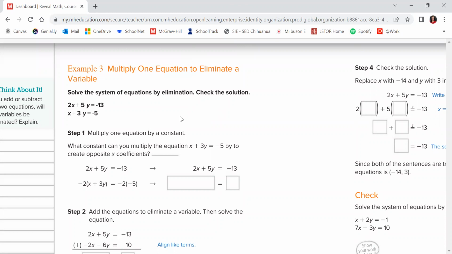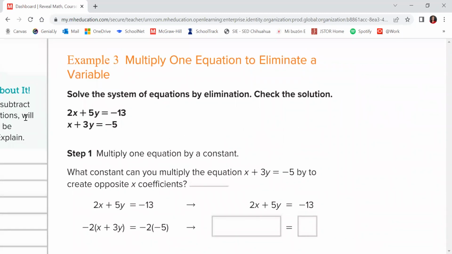All right, so now we have example number 3. Multiply one equation to eliminate a variable. If you see this system of equations, we don't have the same term or an opposite term.